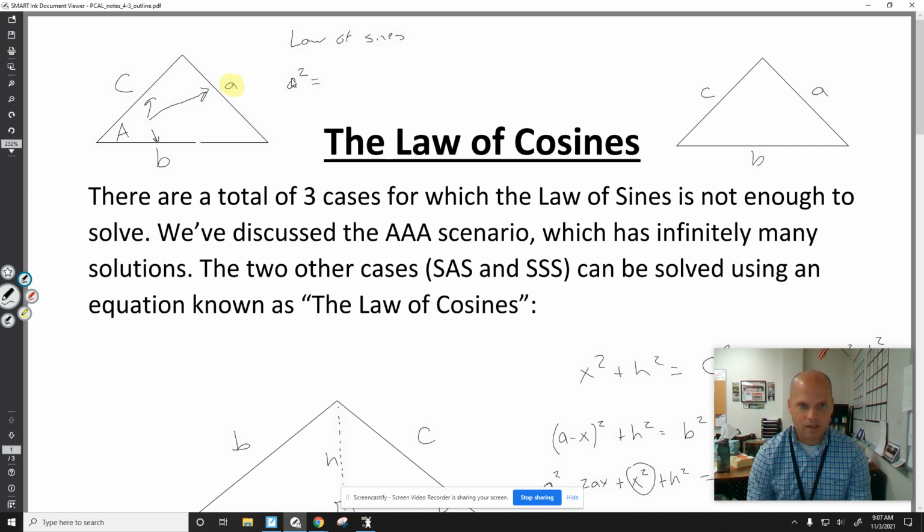A squared equals C squared plus B squared, or B squared plus C squared, minus 2BC times the cosine of angle A. So using these three, we'd be able to find that. And then we can use the law of sines after that.